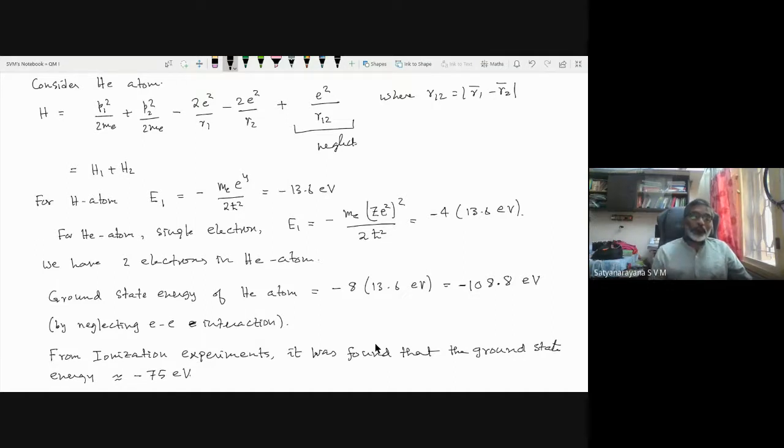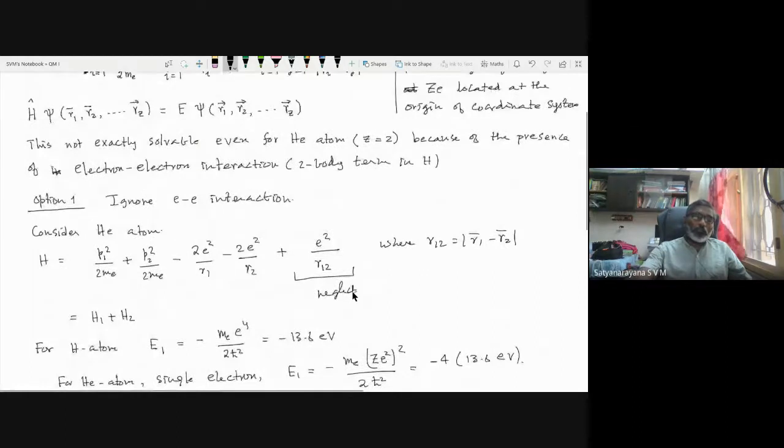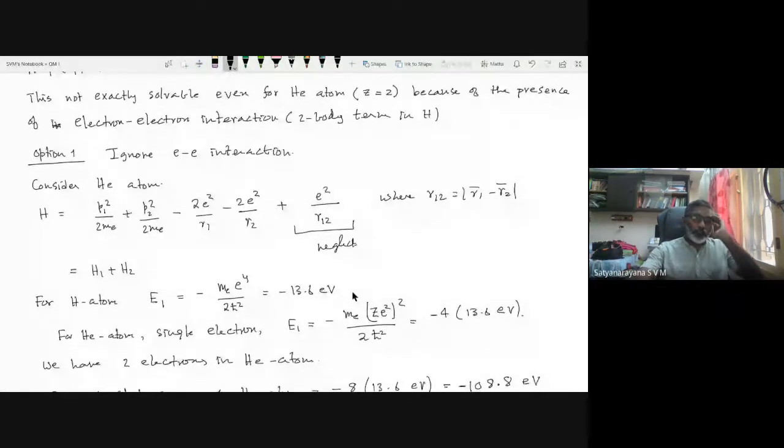So you can see that there is a large difference, about 30 electron volts, between what we have estimated and what experiments have found. So that means it is not a wise option to ignore electron-electron interaction, even for helium atom.